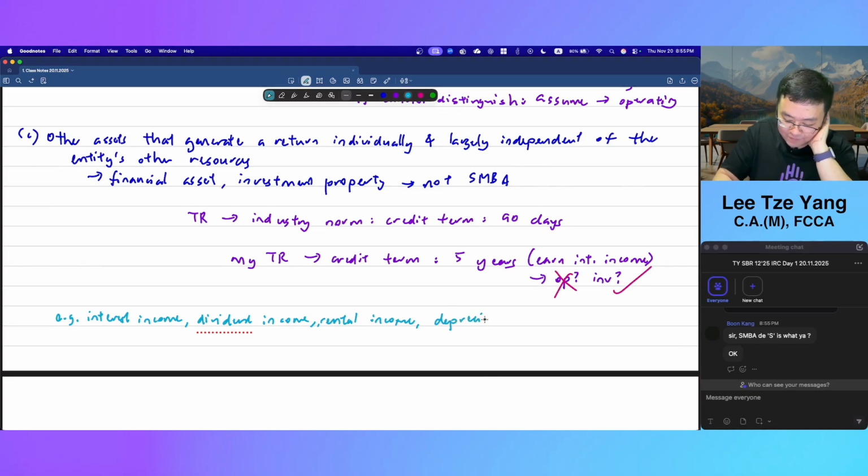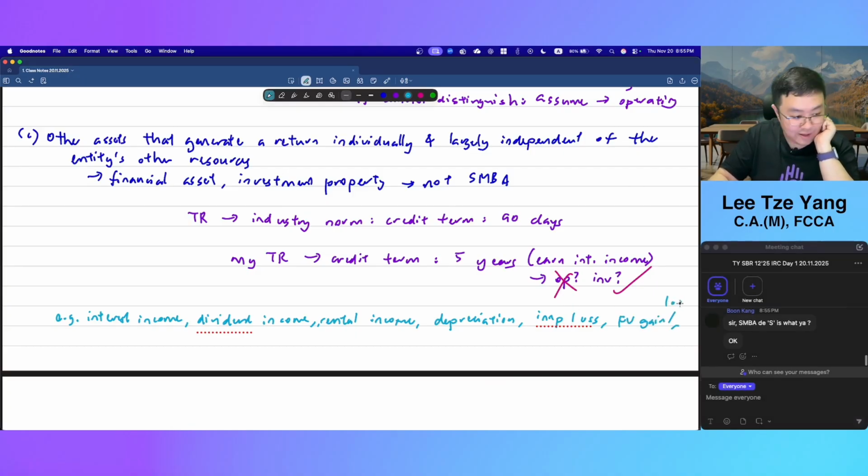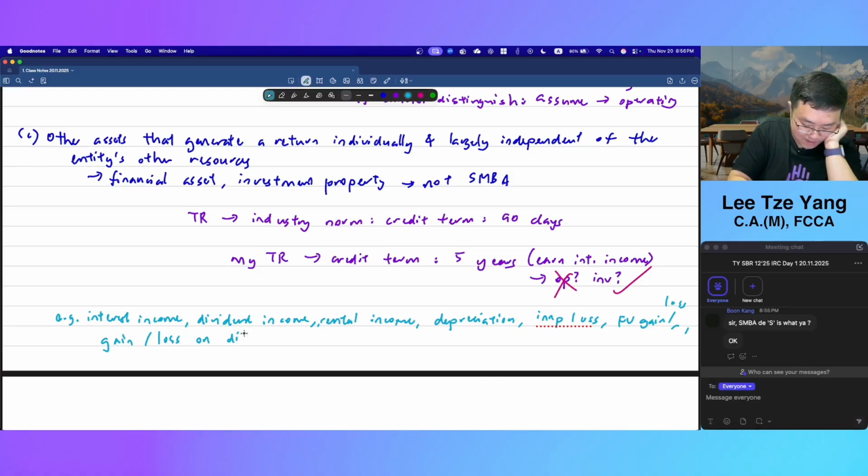Depreciation of the investing property, if it is under investment, impairment loss, and reversal of impairment loss are included. Fair value gain or loss, gain or loss on disposal. Transaction costs. For example, scenario 3 financial asset.